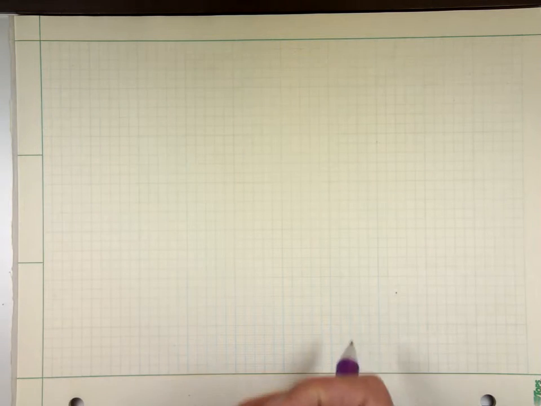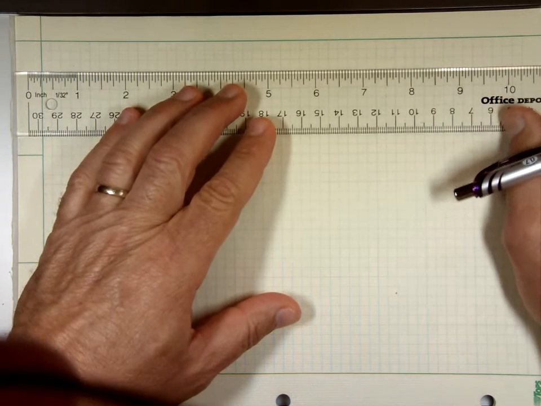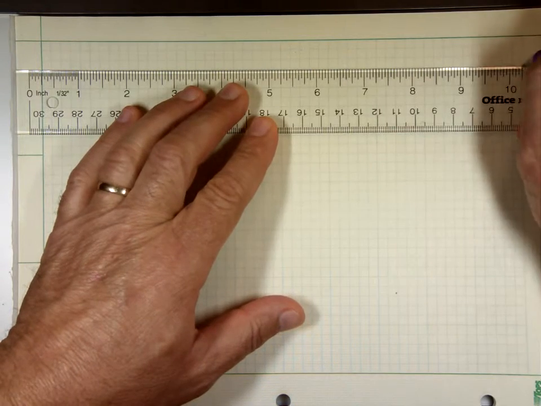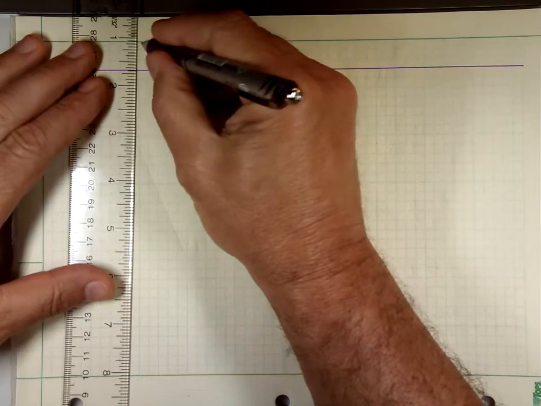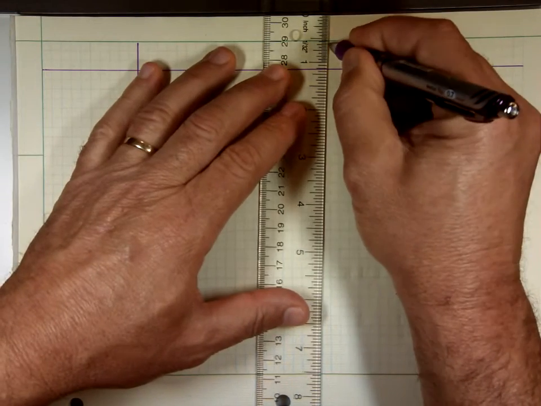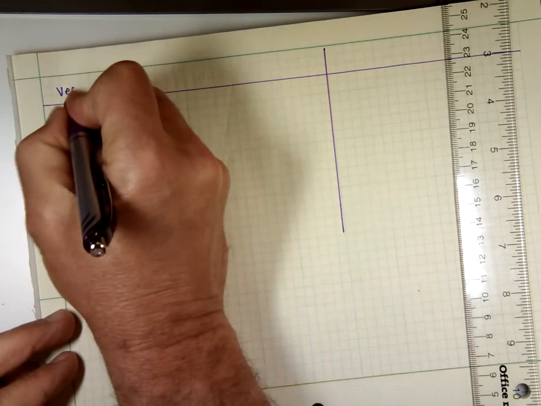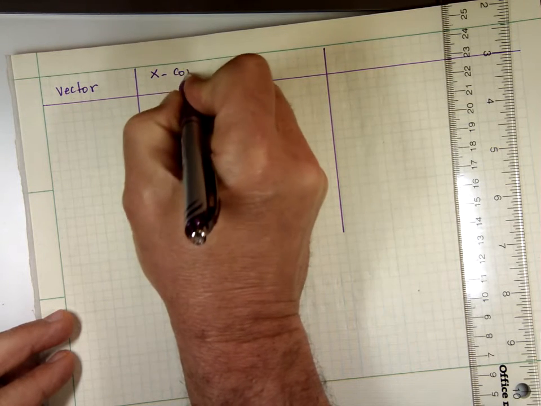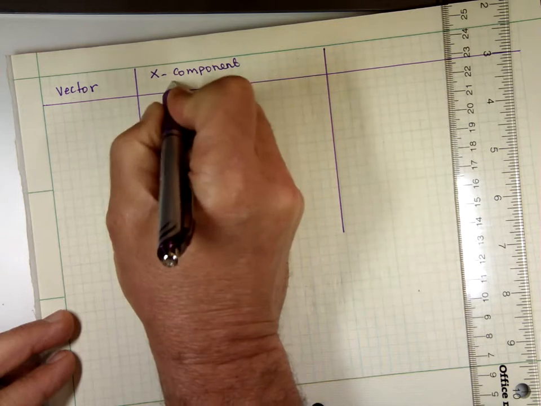I need to write the two vectors. So here's the math. The vector, the x component, and remember x equals what?